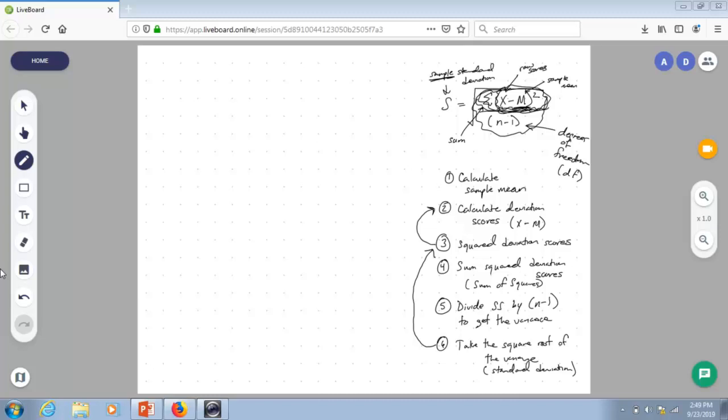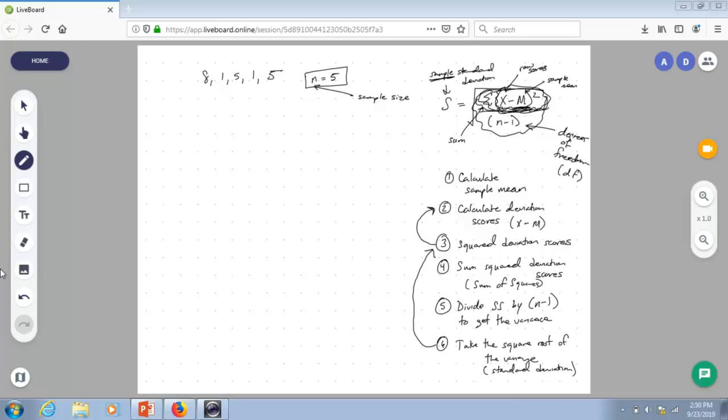So let's say we had a hypothetical data set of 8, 1, 5, 1, 5, and let's say this was a sample. Lowercase n typically means sample.